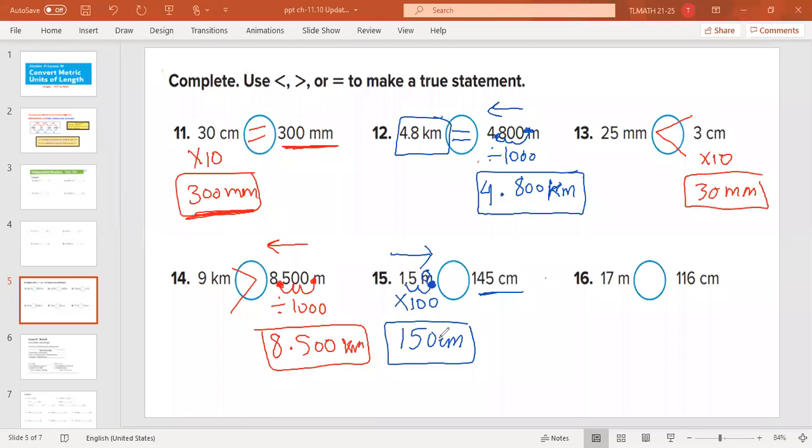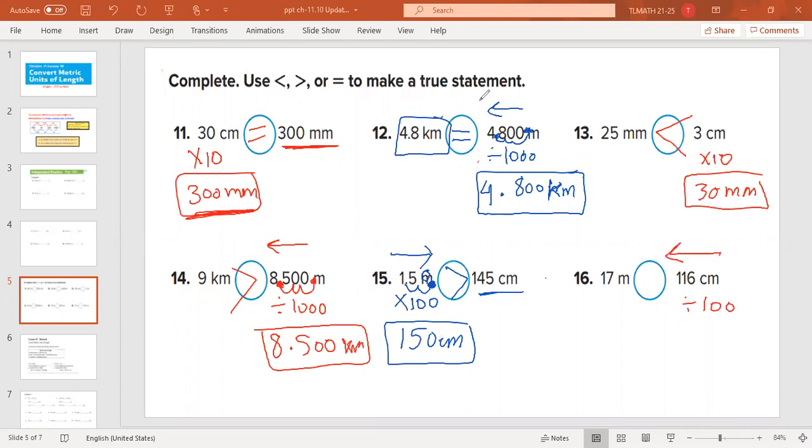Okay, let's solve the last question. 1.16 meter and 17 meter. Here I'm going to use the divide. So I'm going to divide it by 100. From centi to meter, I'm going to divide it by 100. That means you are going to move your decimal point to the left.